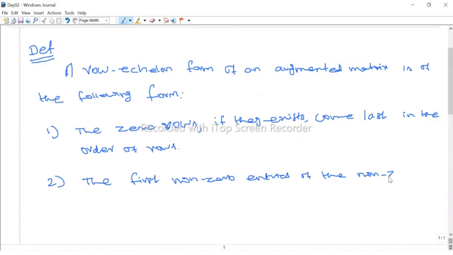So the first non-zero entry of your non-zero rows should be 1. If it is not equal to 1, then we have to make that first position 1. That non-zero entry is called a leading one.